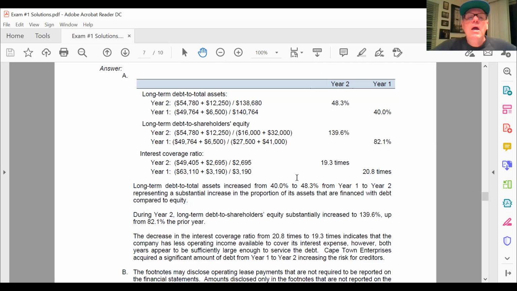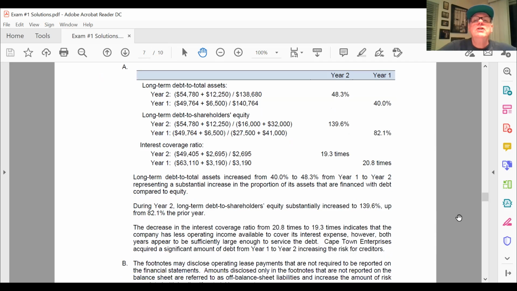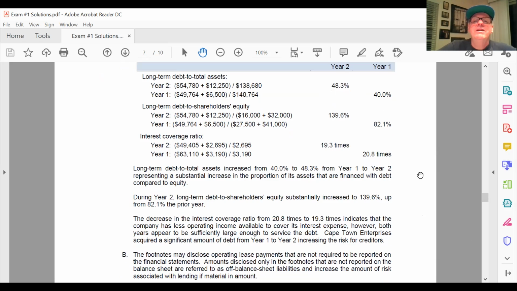As far as the trend in ratios here, long-term debt to assets increased, so the company is becoming more leveraged. Long-term debt to stockholders' equity shows a big increase. And your interest coverage ratio has gone down, but a 19.3 is still a nice cushion to have.